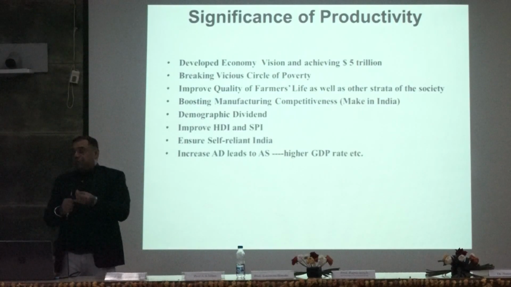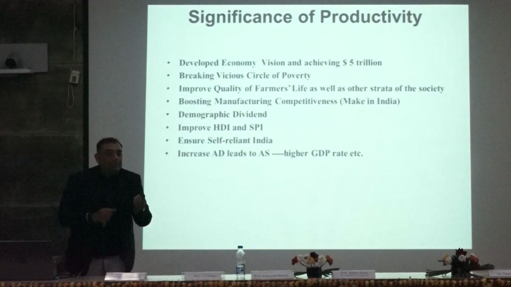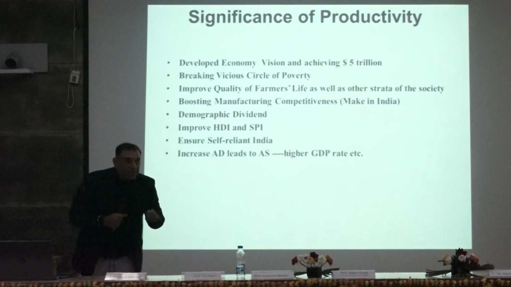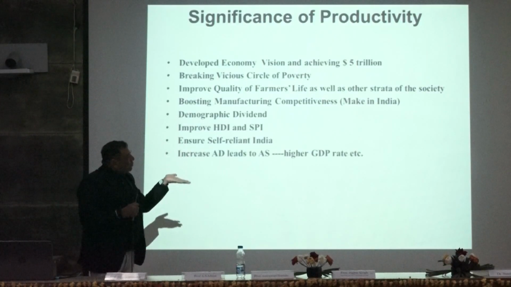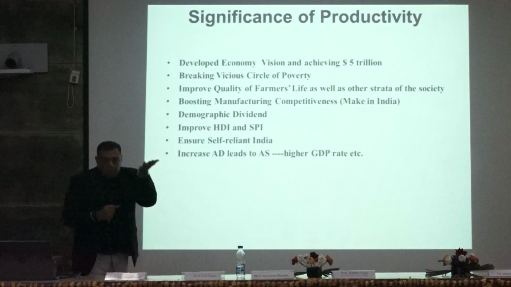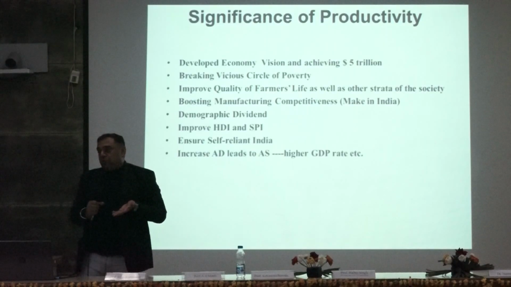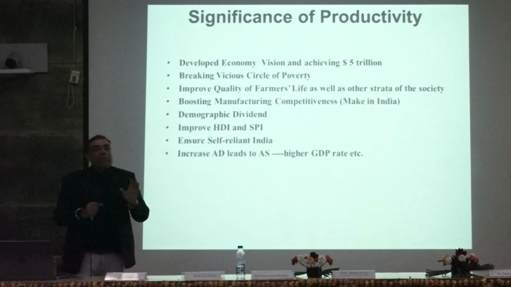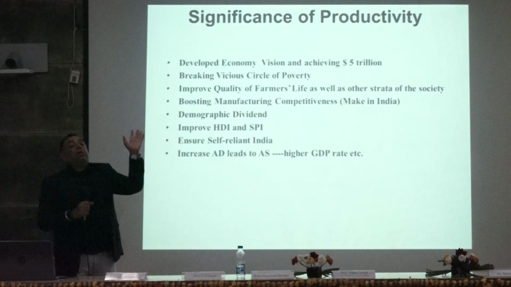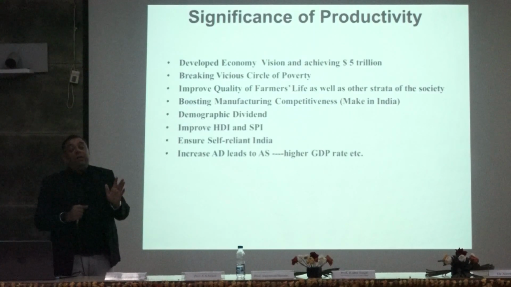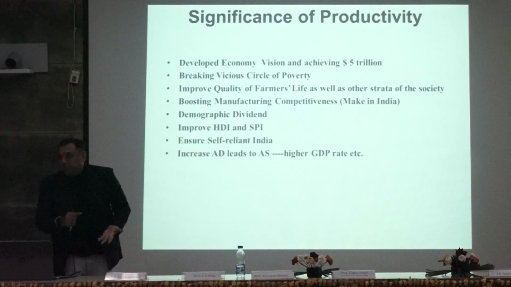That means you can earn your basic food, shelter, clothes, and other things. So if you want to improve the state of society, you need productivity. Productivity leads to higher GDP in the macro sense.